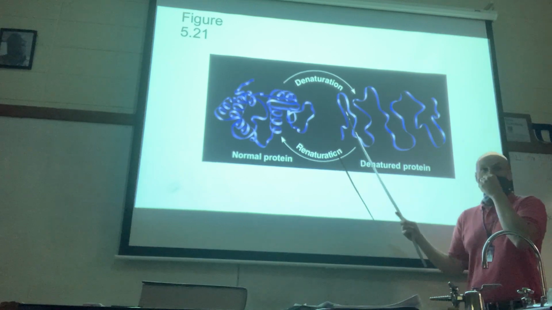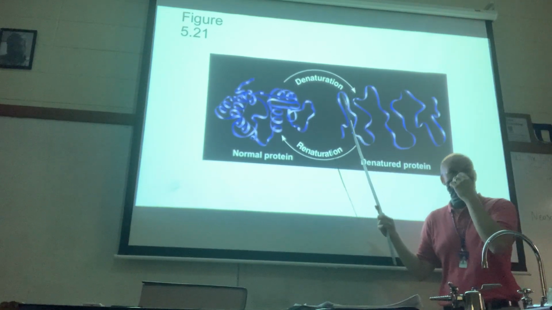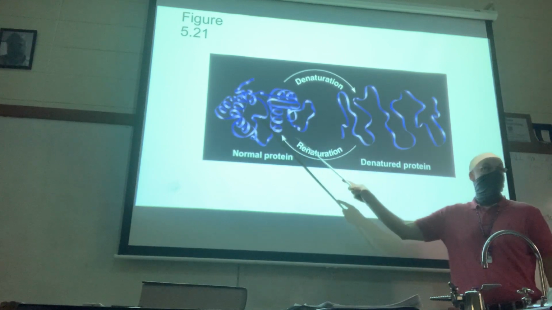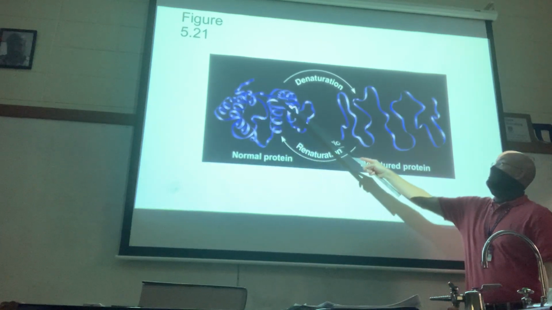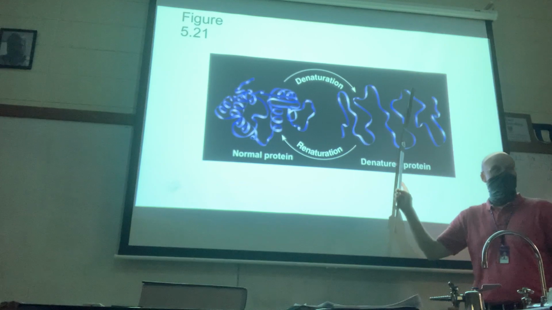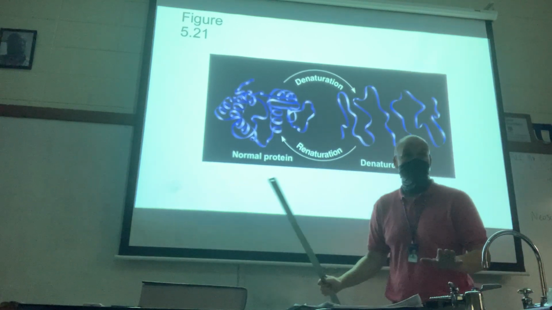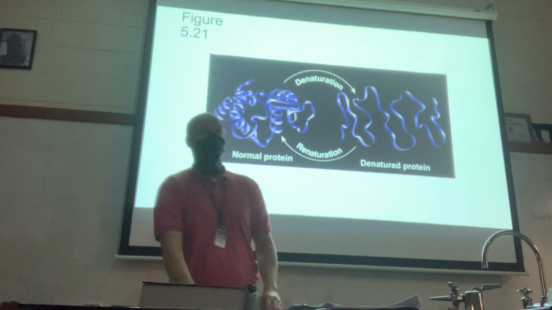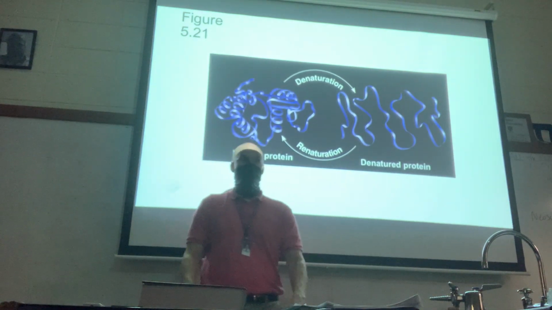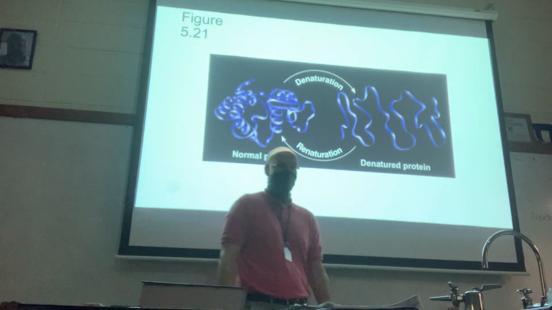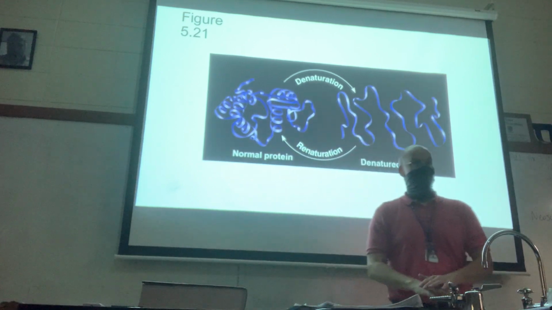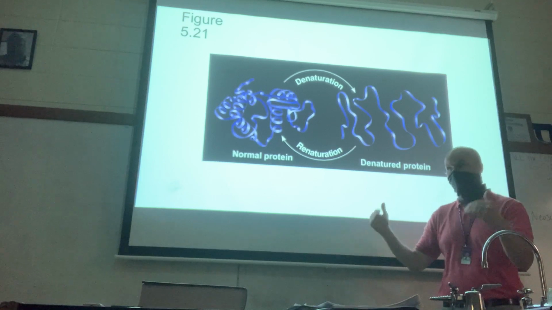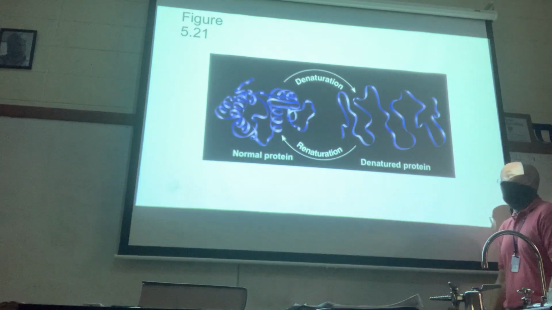This is why if you have a fever over like 104, a lot of your proteins in your body will denature and lose their shape permanently. And when you start losing all your enzymes and all the things that hold your body together, that causes some serious damage, and that's why it can be fatal to have a very, very high body temperature or fever.